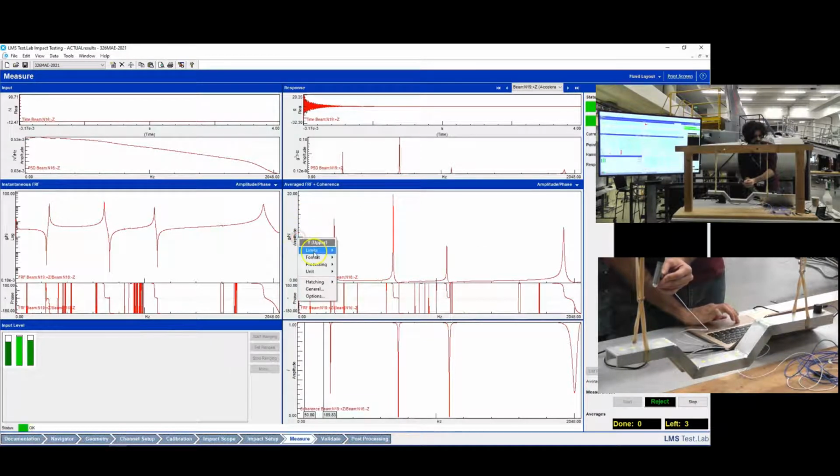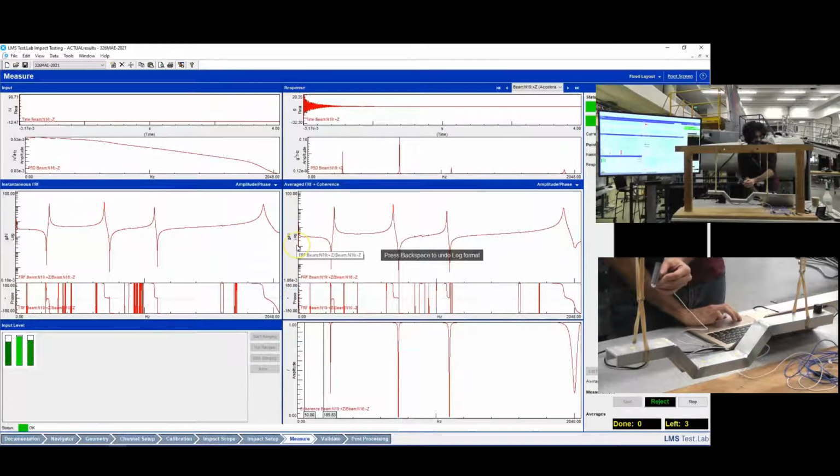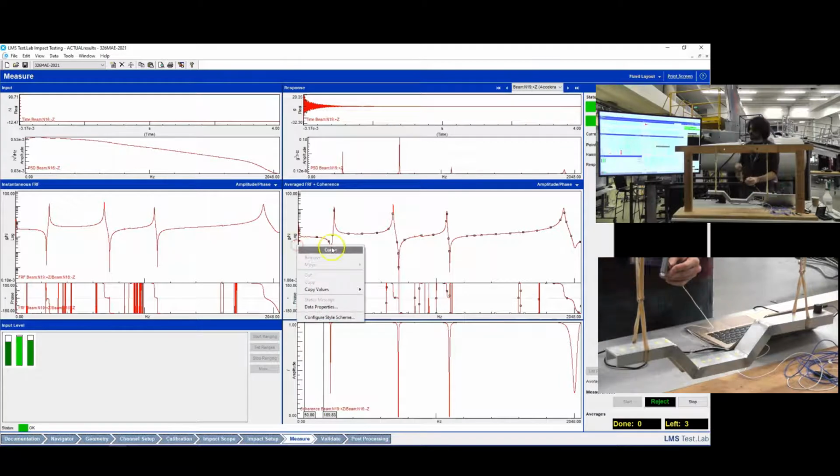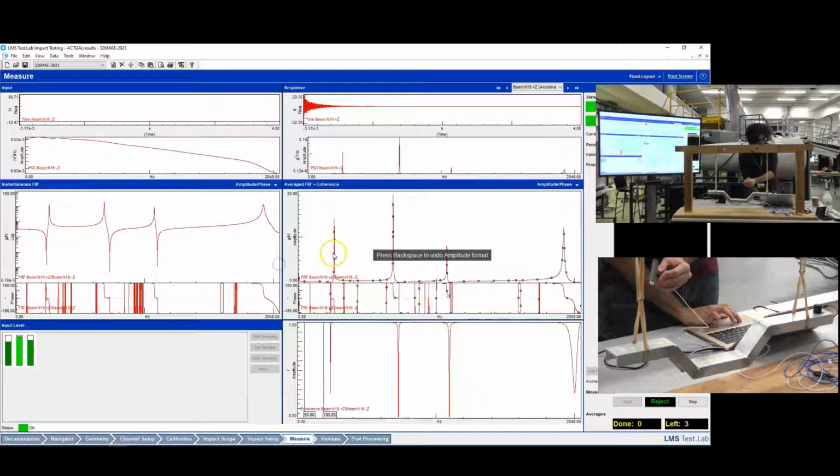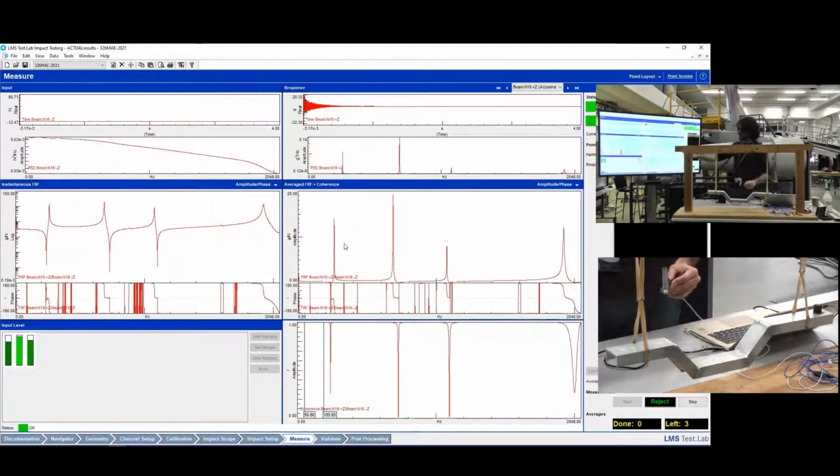Now this is the amplitude, linear amplitude. What you want is probably the log amplitude, because linear amplitude gives you the largest peaks, but you can't discriminate between the smallest ones. The smaller peaks are still peaks.